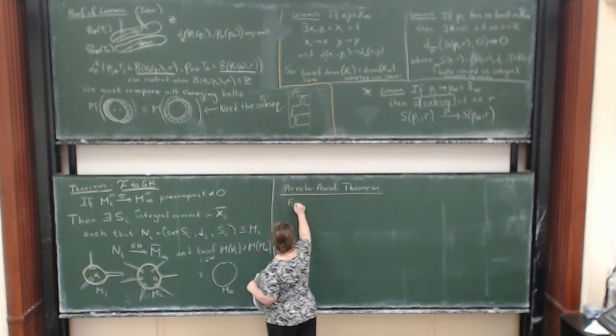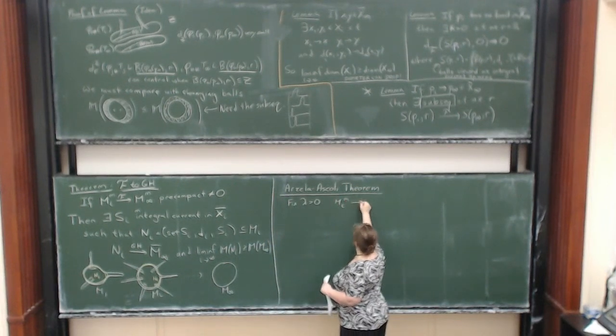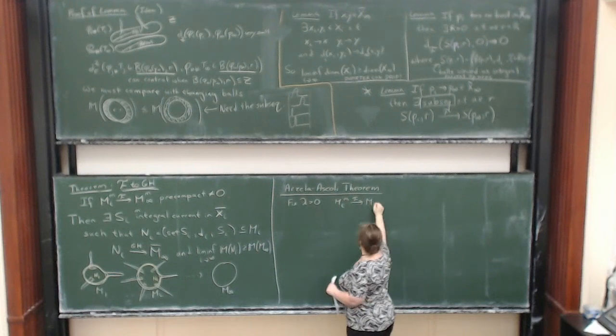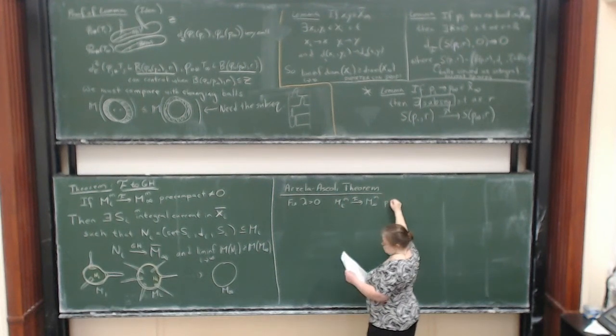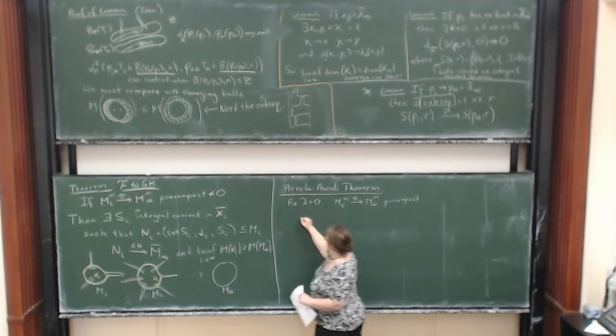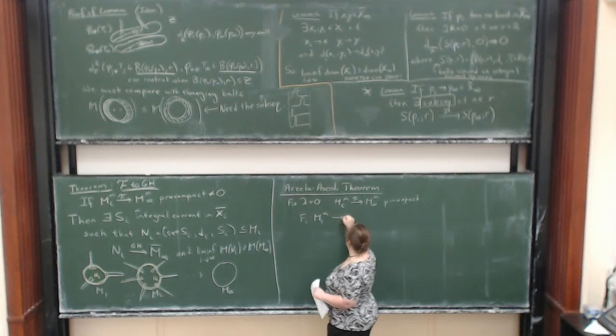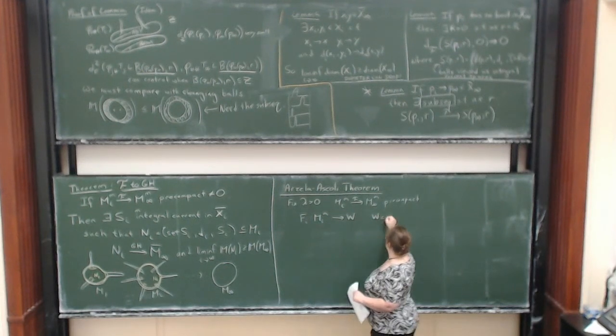So you fix some lambda greater than 0, and you have M_i^m converging in the intrinsic flat sense to M_infinity^m, which is pre-compact. And you have f_i, which go from M_i^m to W, where W is a compact metric space.